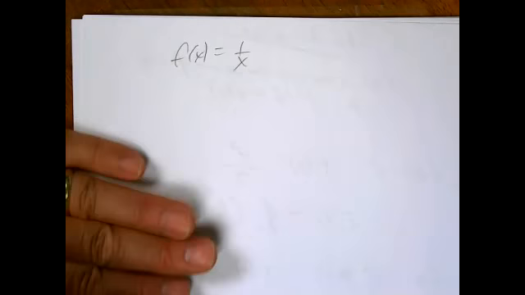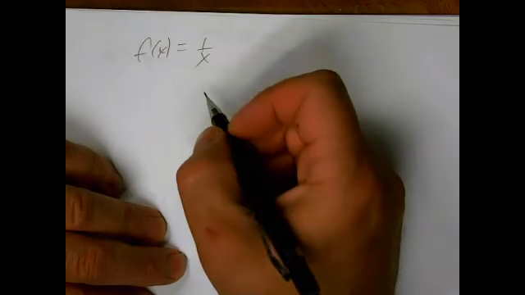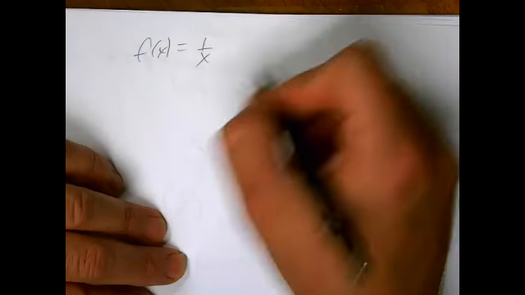But as I said previously, for some time you're going to evaluate antiderivatives simply by looking at it and saying, well, what did I take the derivative of to get that answer? For example, f of x equals 1 over x. What did you take the derivative of to get 1 over x? Think about it. I'm hoping you won't have to think very long.